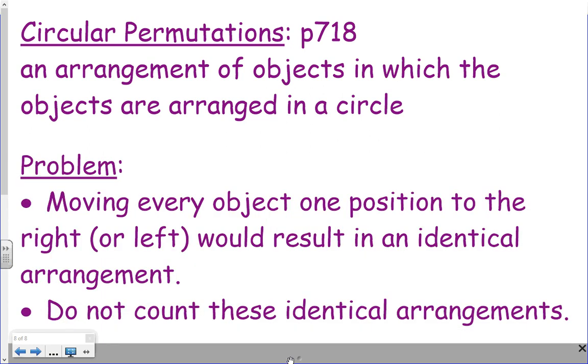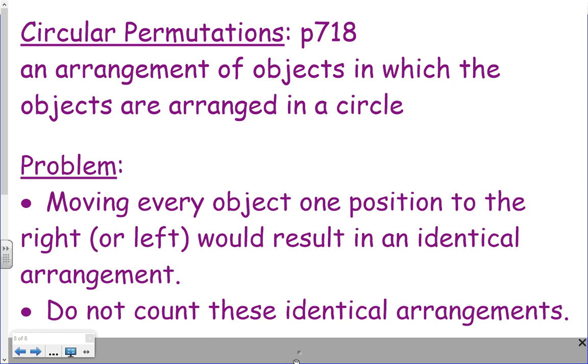So here's the problem that arises with this. Let's suppose you've got 4 people sitting around a table. And we say, okay, that's one arrangement. And if I say, okay, everybody stand up, move 1 seat to the right and sit back down, when I look at that arrangement, I go, wait a minute, everybody's in the same order. Everybody's sitting with the same person on the right of them as they had before, and the same person on the left of them as they had before.